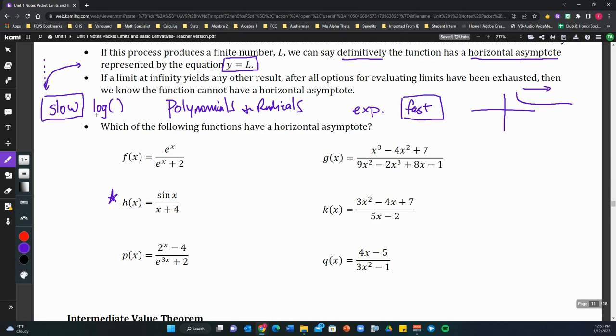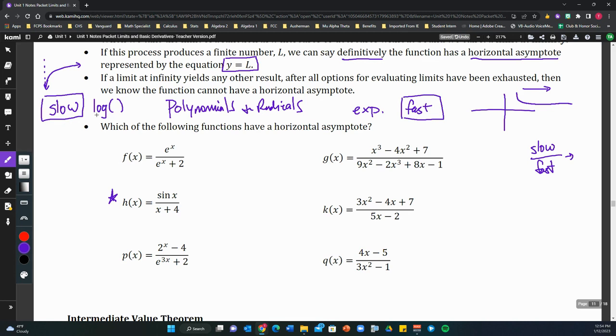When we are evaluating these functions to identify horizontal asymptotes, it's really important that you keep in mind how quickly or slowly different functions are growing compared to one another. Because the rule is that when I have a slow function over a fast function, that means the denominator is going to get big really quickly, and the top is not.